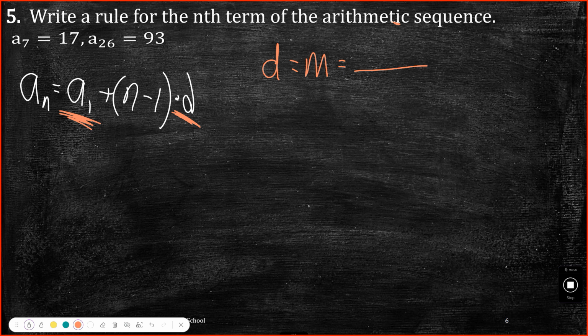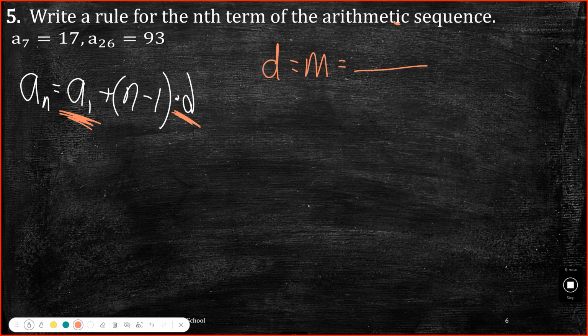d is equal to m, where m stands for slope. For the top, it is the difference of how many seats there are in those given rows. If we go back to talking about a theater, yes, it was a theater.